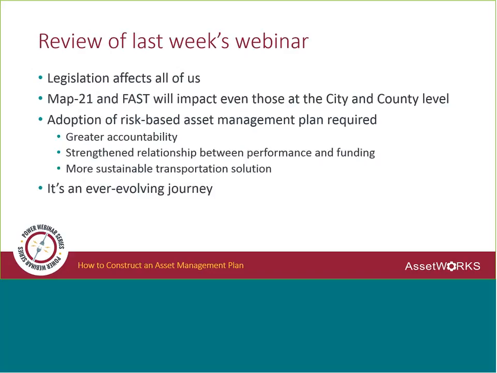Okay, so last week we talked about how legislation impacts our daily lives, and we went into some of the details of MAP 21 and the FAST Act and how today states and MPO organizations are significantly impacted by this legislation, and it's just a matter of time before those agencies in turn mandate similar data from cities and county organizations.